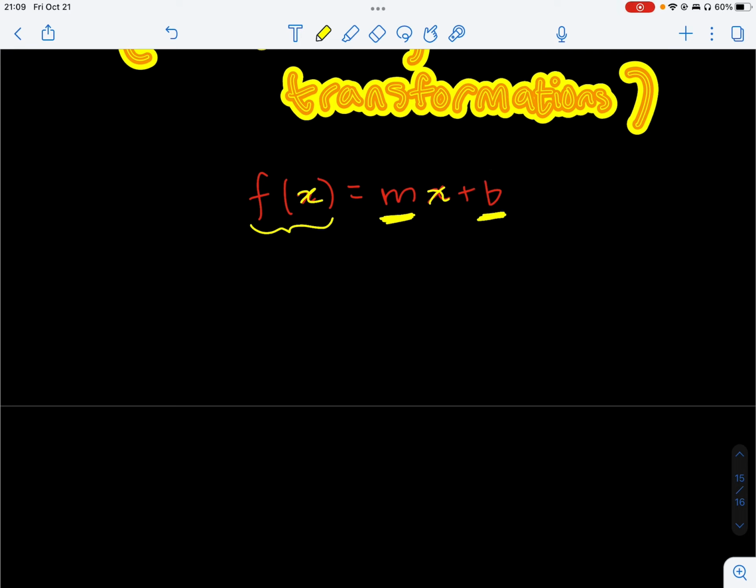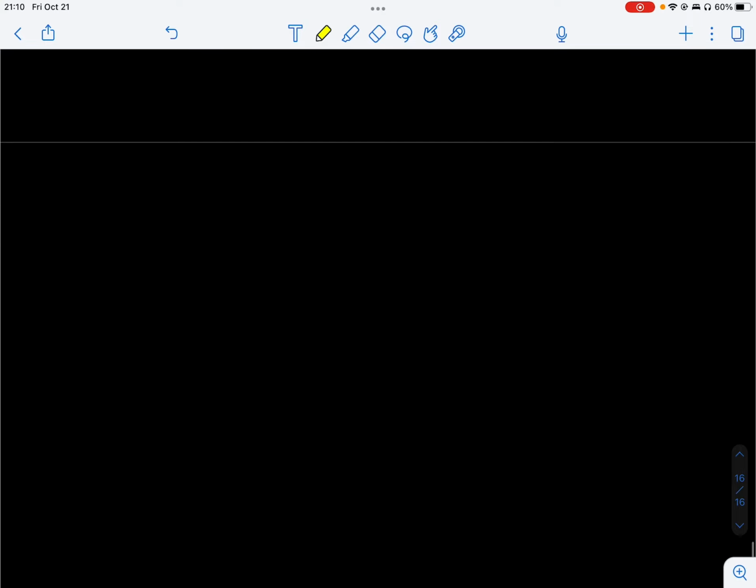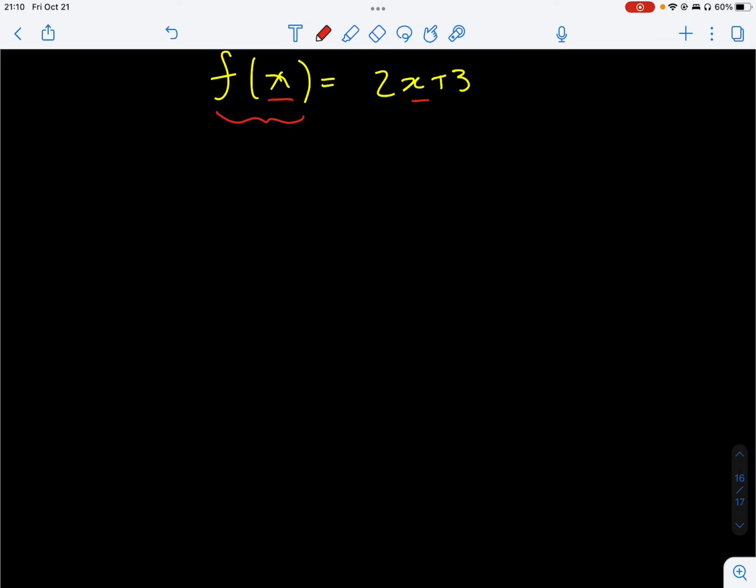Now, in a previous video, which I've yet to create, I'll talk about function notation more in depth. As a summary, if I have a function like f of x is equal to, say, 2x plus 3, currently my input is x, and my output is f of x.